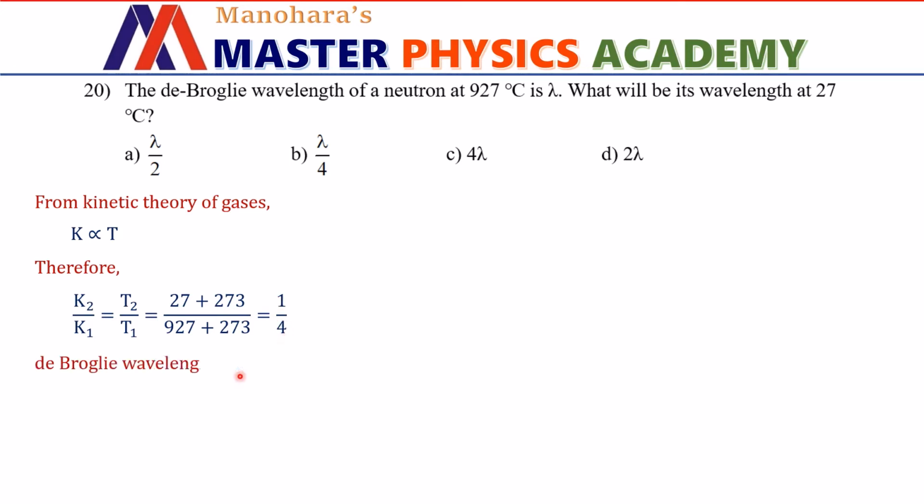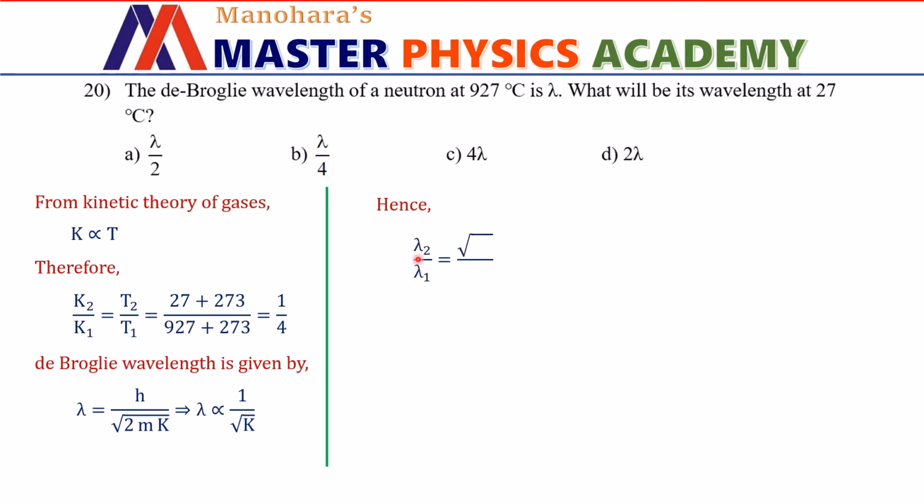Now, the concept of de Broglie wavelength will tell us lambda is equal to h divided by root of 2mK. In this case, only temperature is changing, which will change the kinetic energy. All other parameters like h and m are going to be constant. Therefore, wavelength is inversely proportional to root of kinetic energy.